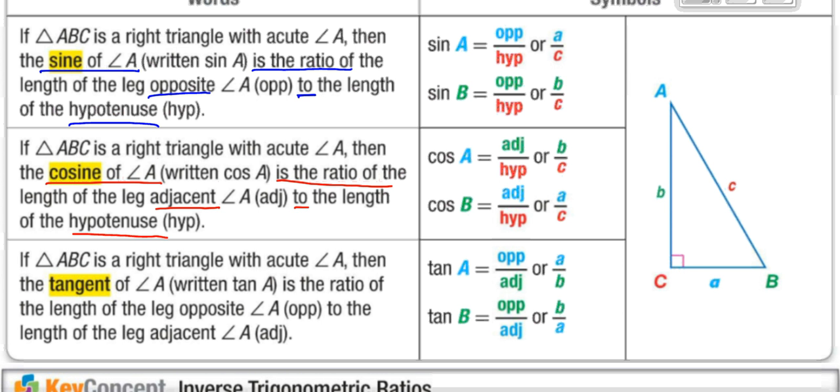So again, I'll do some tracing in yellow. If we want the cosine of A, the hypotenuse is opposite that right angle. If I'm talking about angle A, the opposite side is there, the adjacent side is there, and so the ratio for the cosine of A is the adjacent side, which is b, over the hypotenuse, which is c.